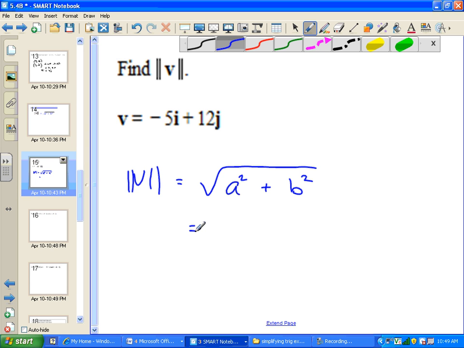So our A component is that -5. So I'm going to go ahead and square it here. So that's going to give me what here for the A squared? 25, right? And then the B squared, 12 squared would be 144. So 25 and 144 would be 169.